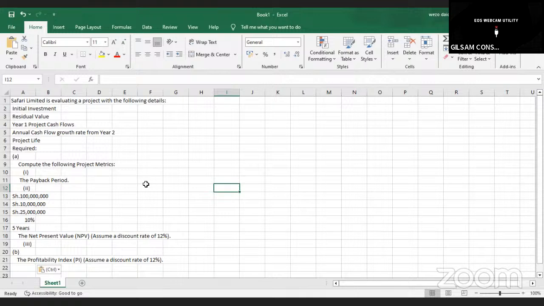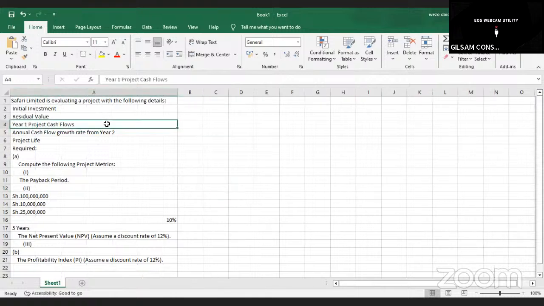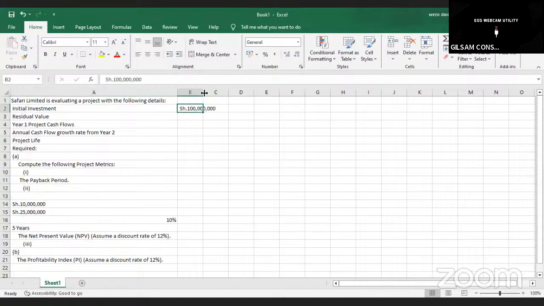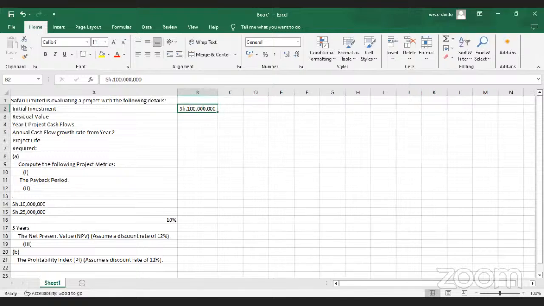So they ask for the net present value. So we can start with the net present value, for which we need the cash flows. These cash flows, copy and paste those values.